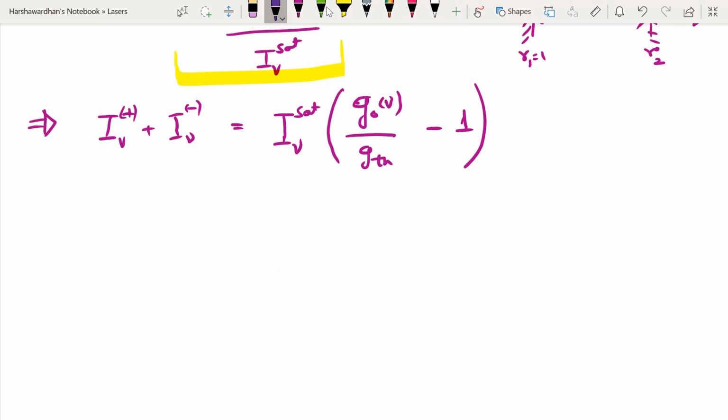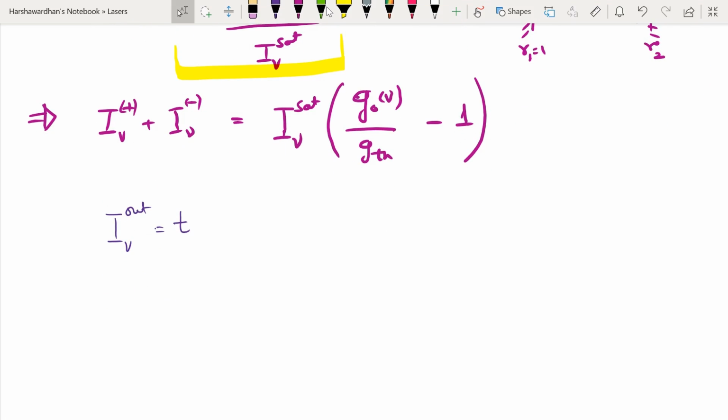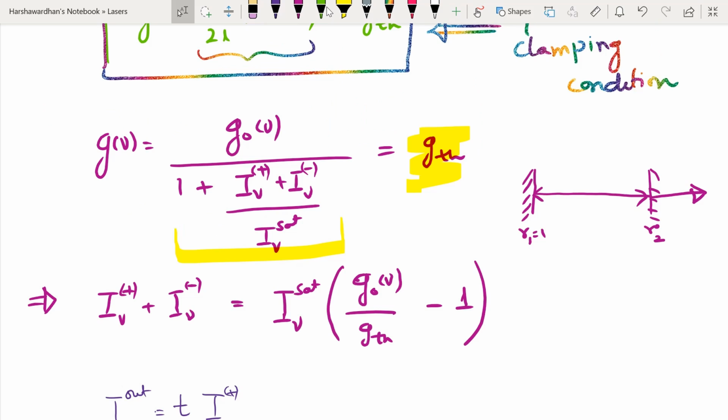What I have effectively stated is that my I nu out is simply the transmission of this right mirror number 2, T times the I plus. So the right propagating field is the one which partially comes out as output. This output is my I out, the one propagating that way was I plus, and the one propagating backwards was I minus. So this is my increasing z direction.